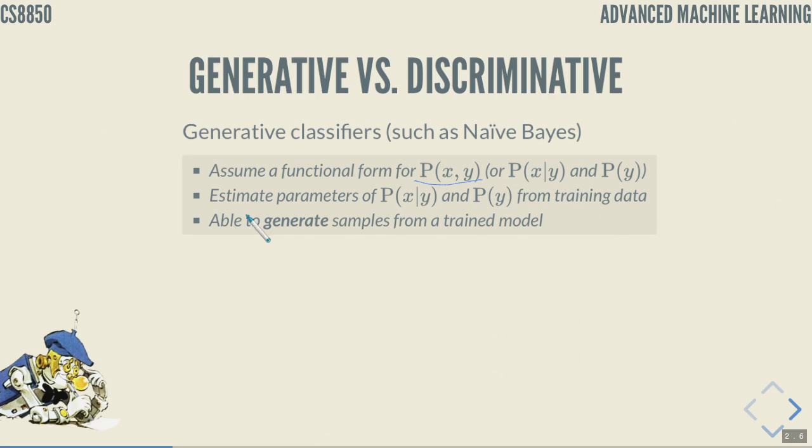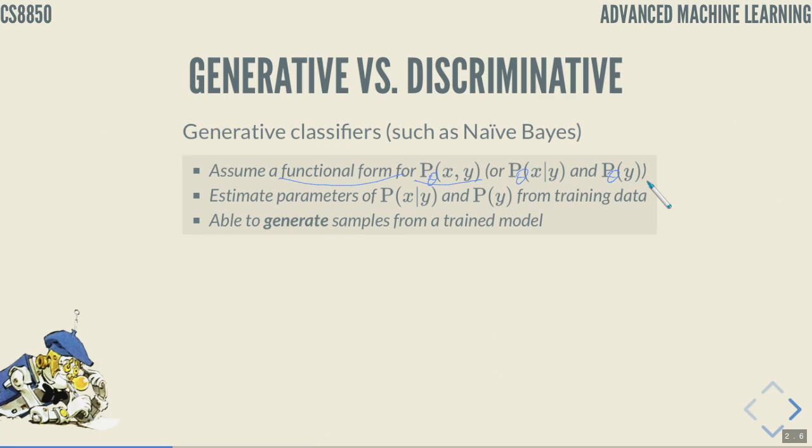Well, then we estimate those generative classifiers. Do we estimate parameters? Well, because we assume the functional form, we have parameters. This is just a placeholder theta for the corresponding parameters of those distributions. Now we can estimate parameters of the likelihood and the prior from the training data.